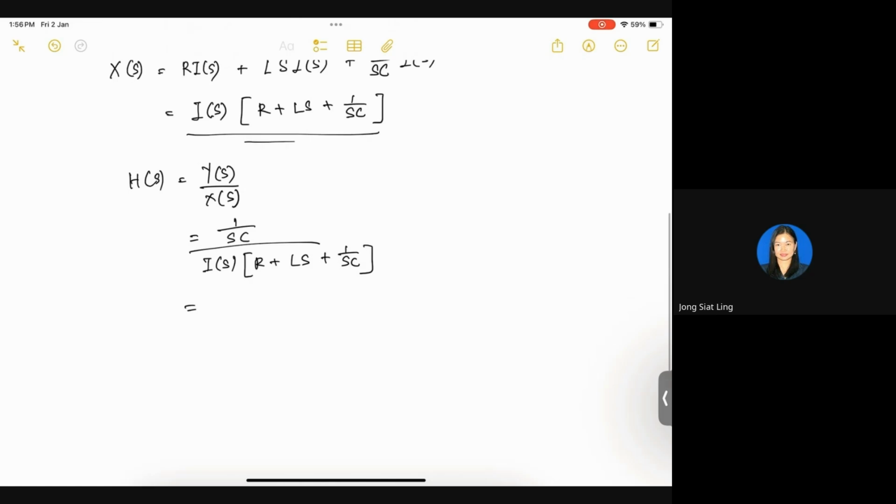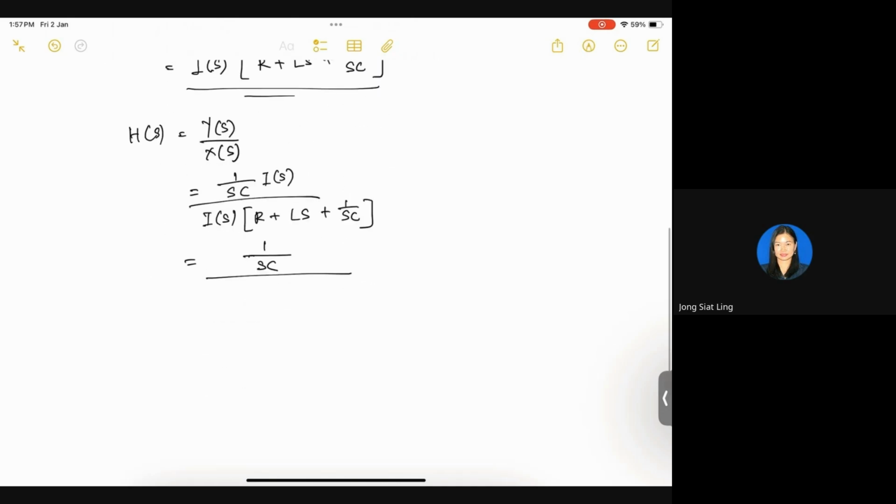So we can simplify it, 1 over sC divided by, we can simplify this one. Oh, I forget the I(s) here, okay? So after I simplify, I can cancel out this one.